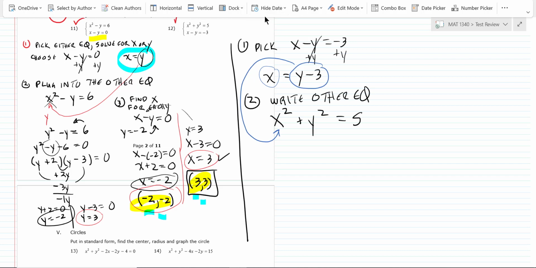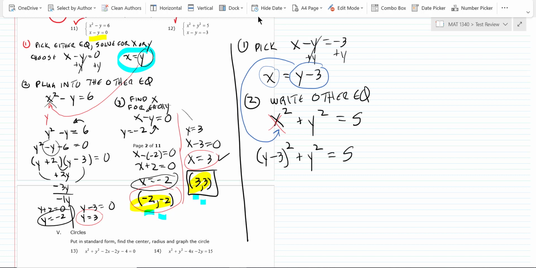Change that x to (y minus 3) squared plus y squared equals 5. Our purpose with substitution is to get down to one equation that's got one unknown. Does that make sense? That's a quadratic equation.